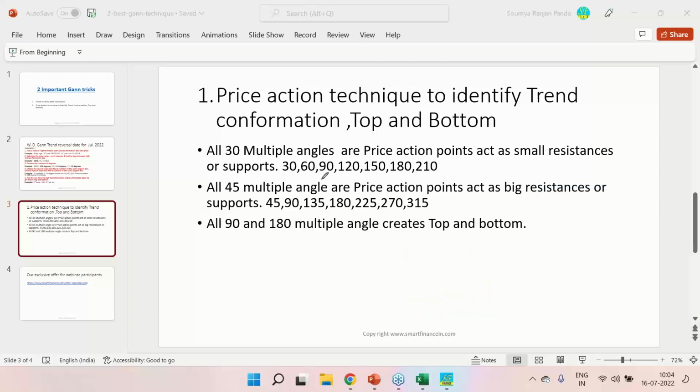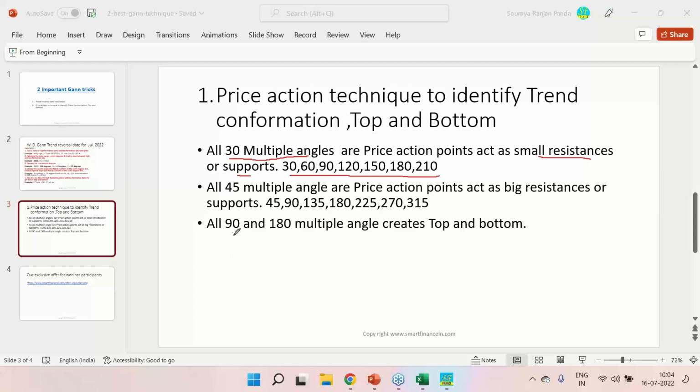So the Gann study says that on all 30-multiple angles, wherever price action falls on these trend lines, multiples of 30 (30, 60, 90, 210) are small resistances or supports. 45 multiples are the big resistance or support.